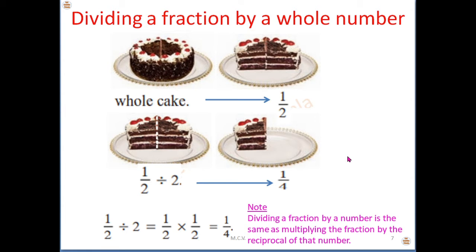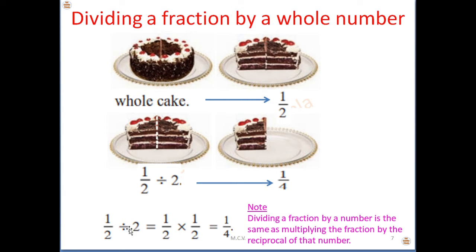Then we can do this for all the fractions. You can notice a certain rule. We can generalize a certain rule. What is the rule? Here the half of the cake was divided into 2 parts and we got the answer 1 over 4.